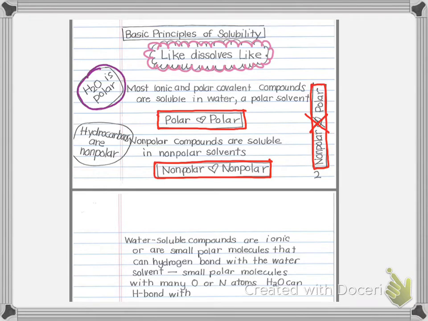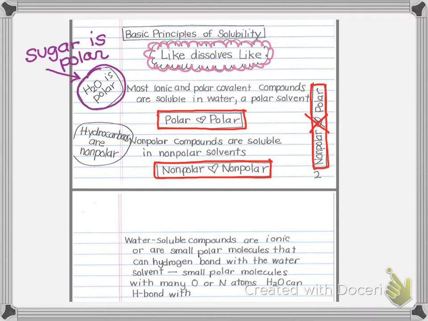Because it's such a common solvent, it's important to remember that it's polar. So if I know sugar dissolves in water, I know they must be similar, so I can conclude that sugar is also polar because it dissolves in water.